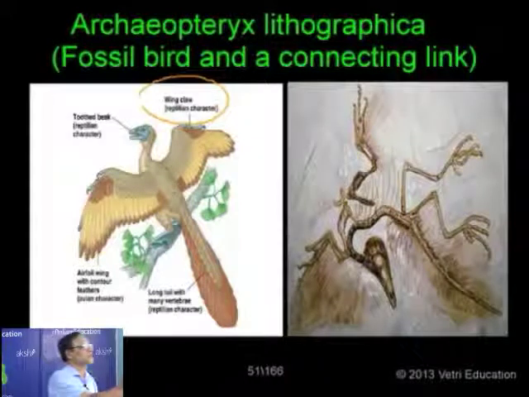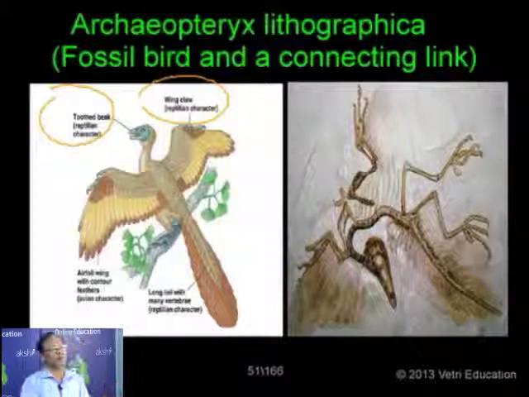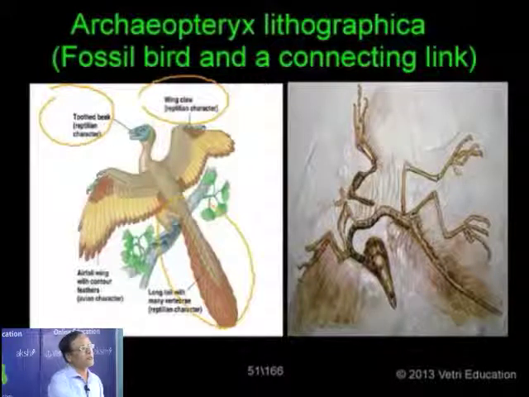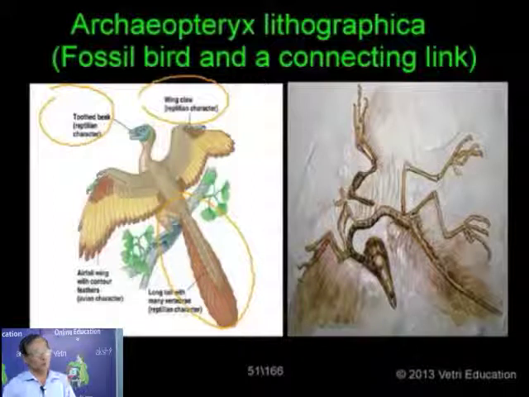Another character is the presence of teeth in the beak, a toothed beak, and also a long tail that represents the long vertebral column having many vertebrae, which is a reptilian character. From this one can say that birds have evolved from a reptile-like ancestor. That is why connecting links also play a major role in support of organic evolution.